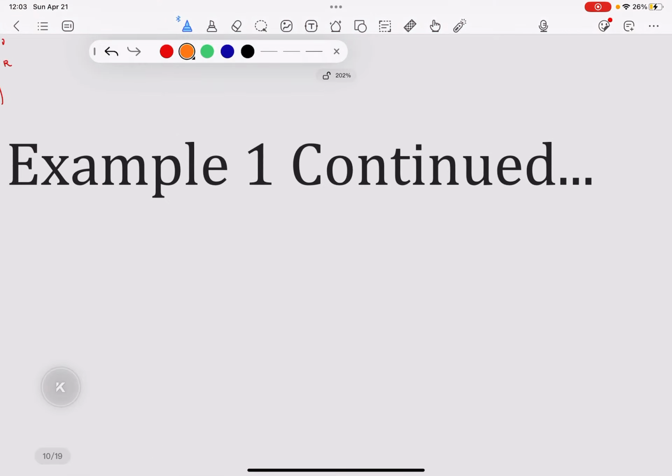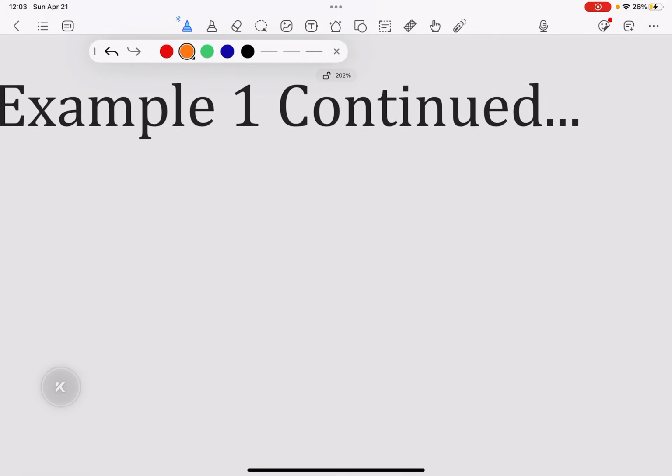All right, so for this problem, similar to the last one, we're just going to go like that, if I can get it to work.